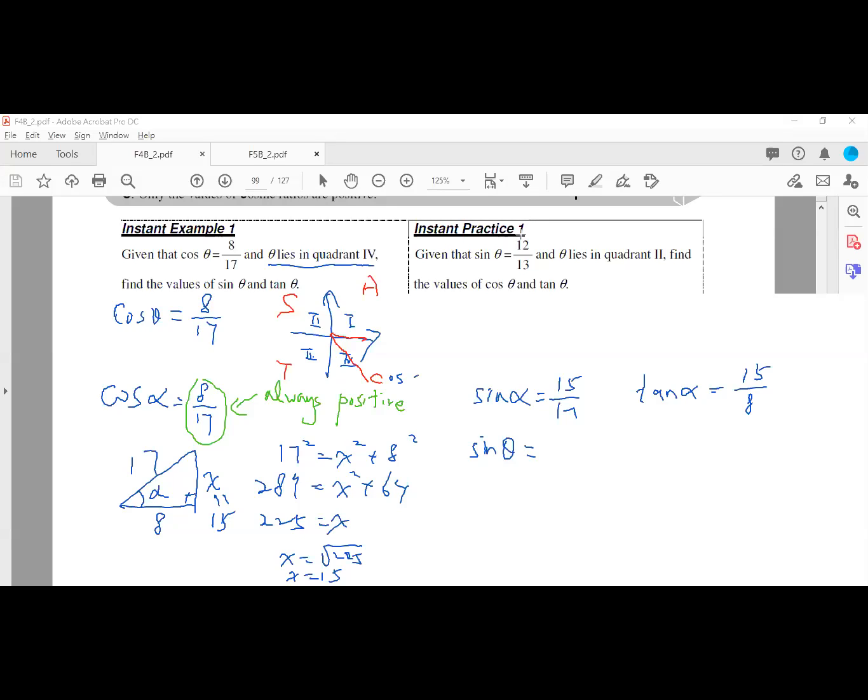Cosine is positive, which means that sine theta will be negative. Negative what? It's just negative 15/17. How about tangent theta? Tangent theta, is it positive or negative? It is also negative. Negative what? Negative 15 over 8. Okay? That is the answers.